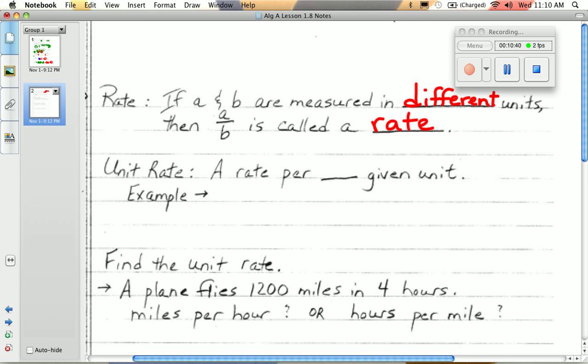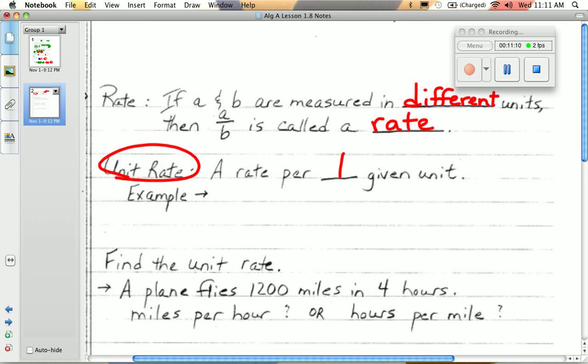When we have a unit rate, which is what we're going to be working with today, that means we simplify our rate so that it is a rate per one given unit. So when we do miles per hour, we don't typically say we're going 120 miles per 2 hours, do we? We would say instead we were going 60 miles per hour, which is per 1 hour. So we simplify it down and make it into a unit rate, okay?